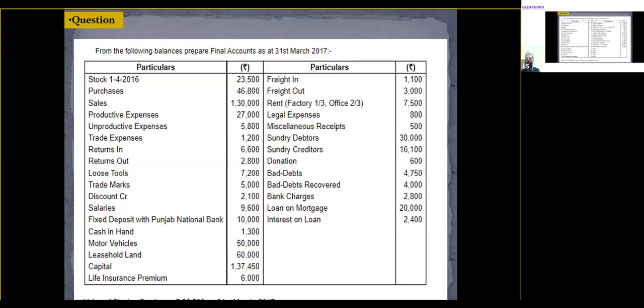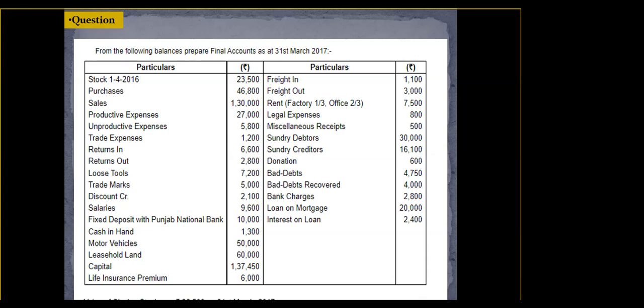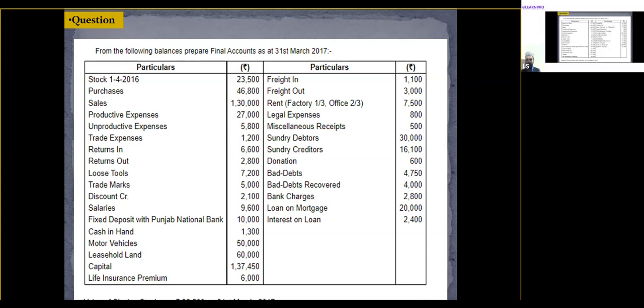Where do we write the opening value of the stock, guys? Alexander? Trading account. Trading account, correct. So please write it in the trading account on the debit side. Do it, everyone. 23,500 will be recorded in the trading account on the debit side.